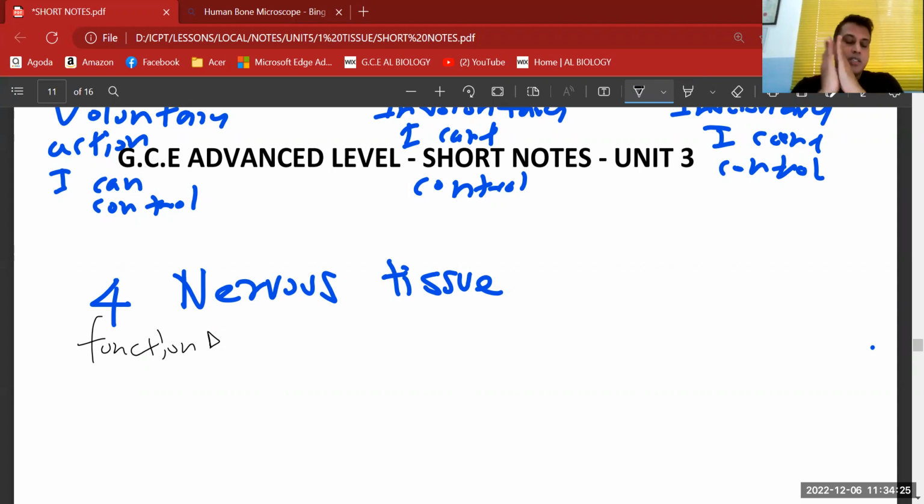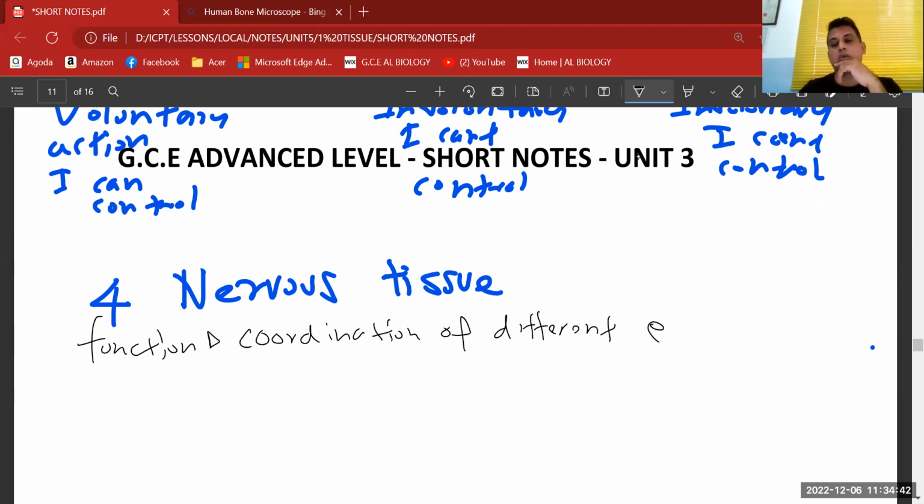So, the function of the nervous tissue we can summarize in one sentence: coordination of different parts of the body. Coordination of different parts of the body is the main function of the nervous system.